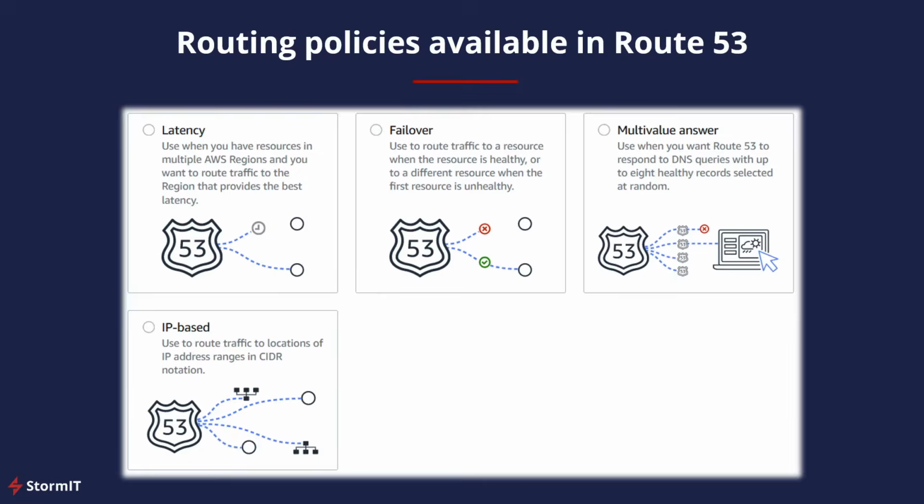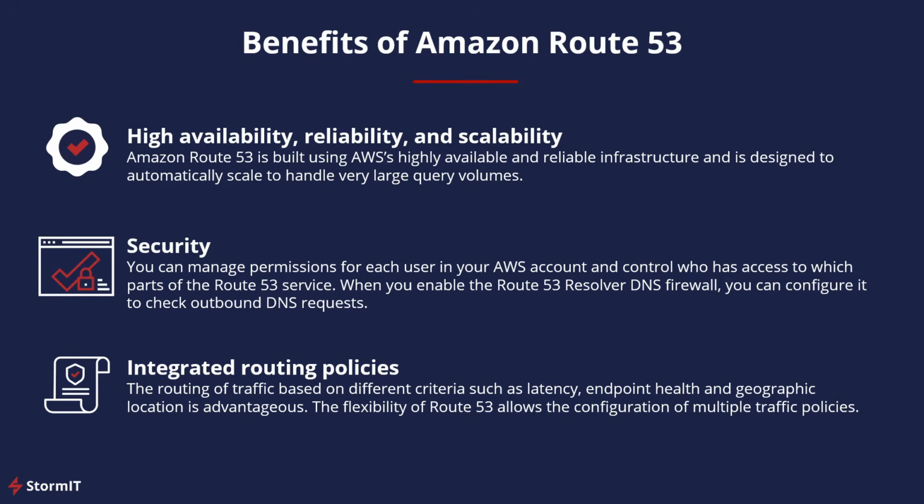So about the benefits of Amazon Route 53, the first one is that it's built using AWS highly available and reliable infrastructure and is designed to automatically scale to handle very large query volumes.